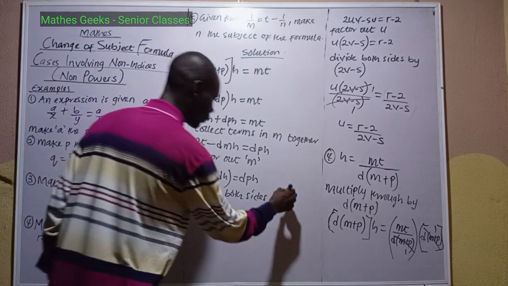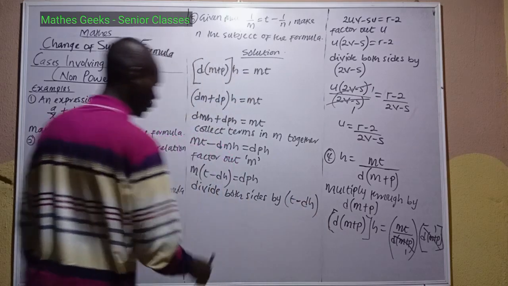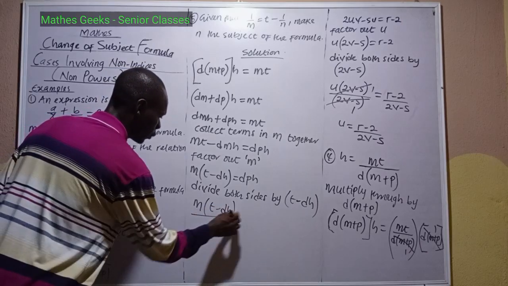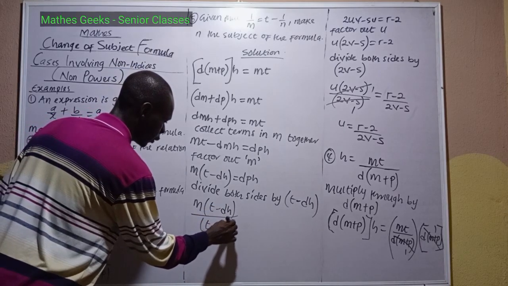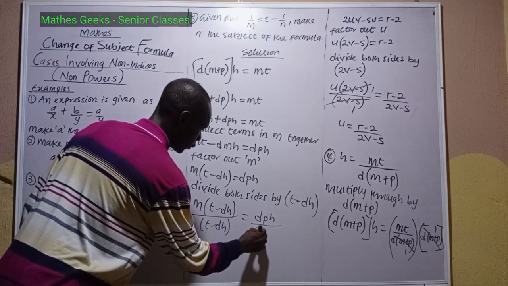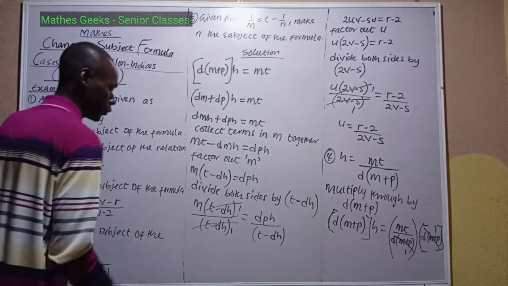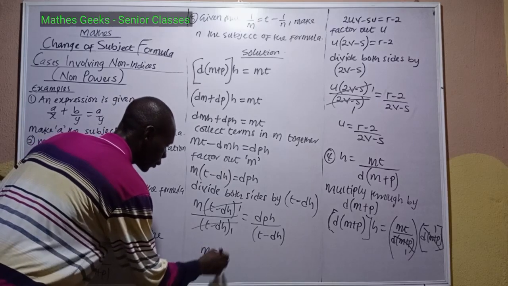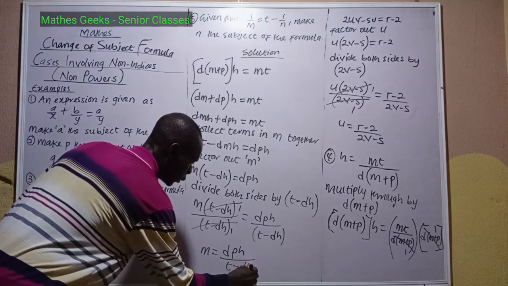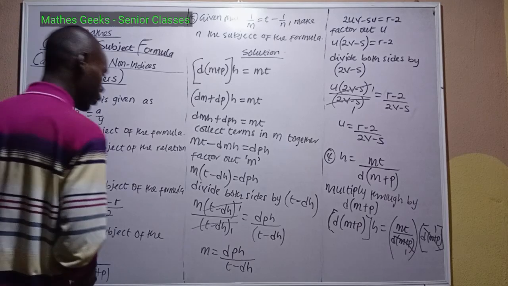Divide both sides by c minus hd. n(c minus hd) over c minus hd equals hdp over c minus hd. Cancel. So n is equal to hdp over c minus hd. So n is the subject of the formula.